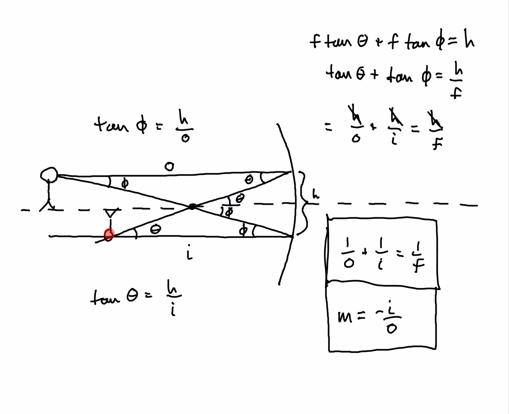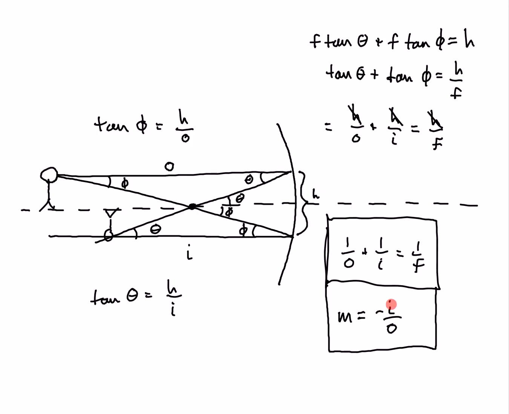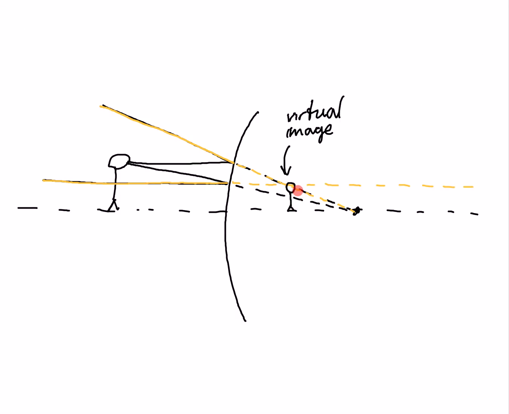Negative magnification means that the object is flipped upside down. And we see that pattern manifested. Here, where we had a negative image distance, because of this minus sign, the magnification becomes positive. And as we see that, again, now the positive magnification corresponds to a right side up image.